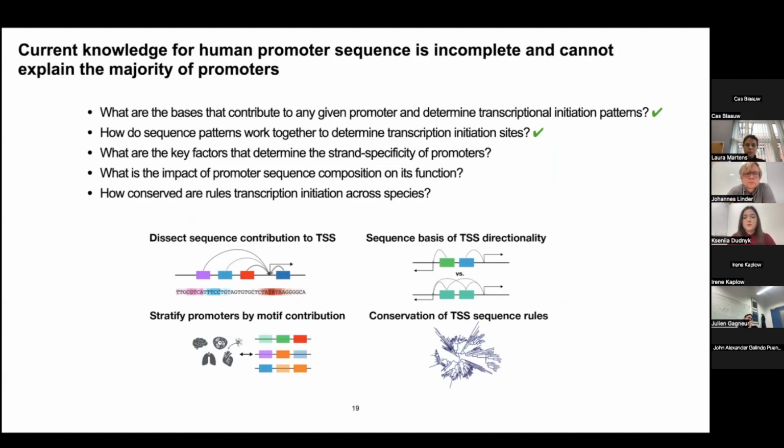A lot of research has been done on these questions, but we wanted to see if we can also contribute, if we can use Puffin to explain or understand some of those problems. For example, does the composition of the promoter affect the function of the promoter, can Puffin explain the strand specificity of promoters, and are the rules that we found in the human genome conserved across many species.